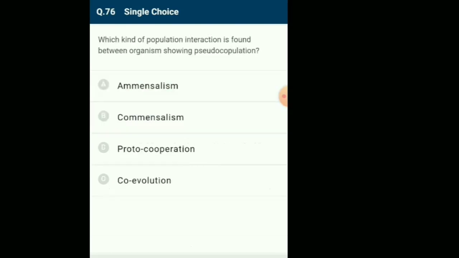Question number 76. Which kind of population interaction is found between organisms showing pseudocopulation? The Mediterranean orchid Ophrys employs sexual deceit to get pollination done by species of bee.